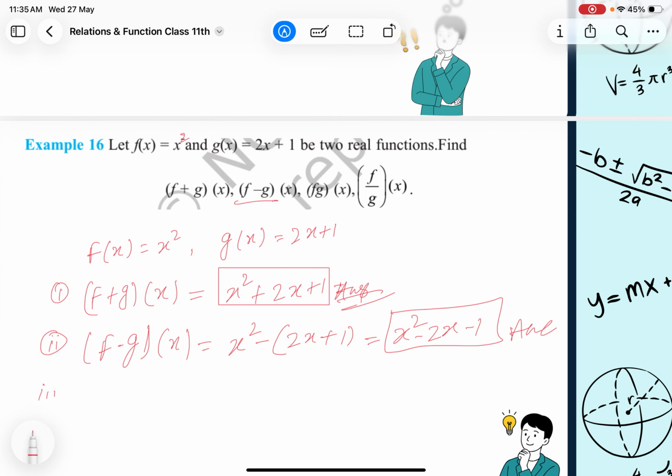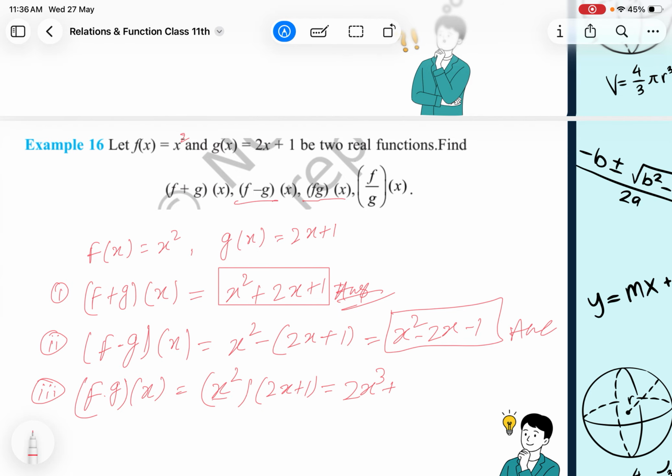Okay, the third one, (f into g)(x). So f into g(x) equal to f into g(x), 2x plus 1, so it will be x into 2x, so 2x cube plus x square. Okay, so this is the answer here.